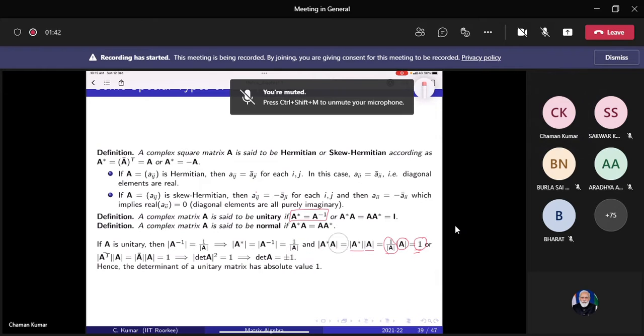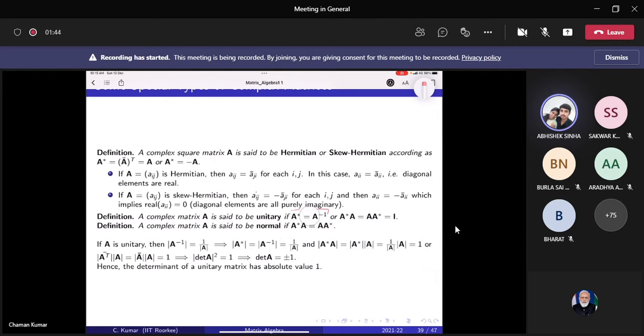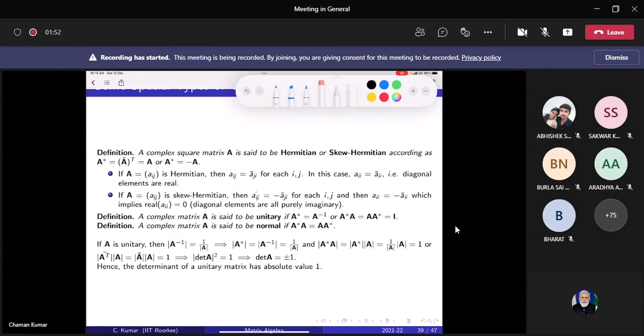Sir, how do you say that determinant of A conjugate is equal to determinant of A? How did you declare that determinant of A conjugate is equal to determinant of A?